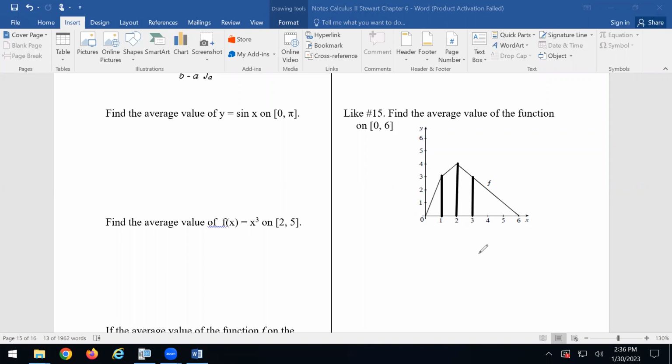We can find this area easily, half base times height. So let's call this A1, let's call this A2, and then call this A3, find the area of each figure and add them up.